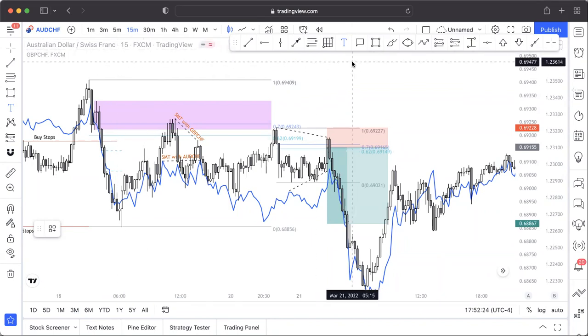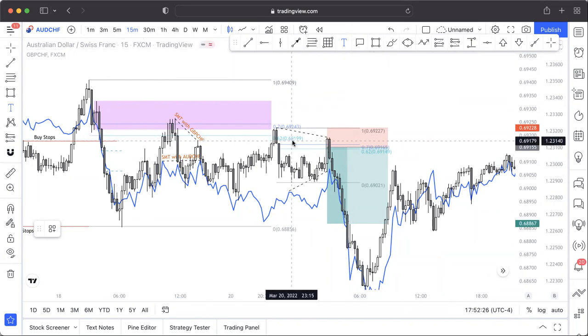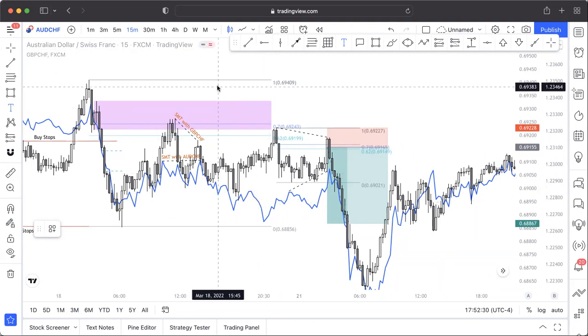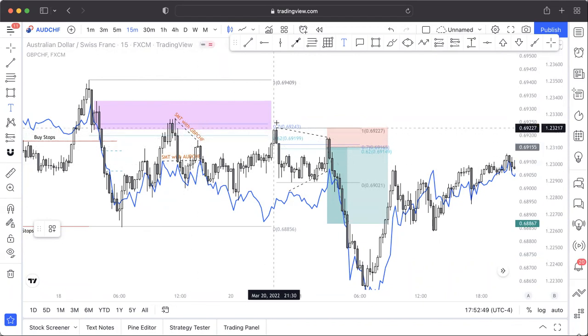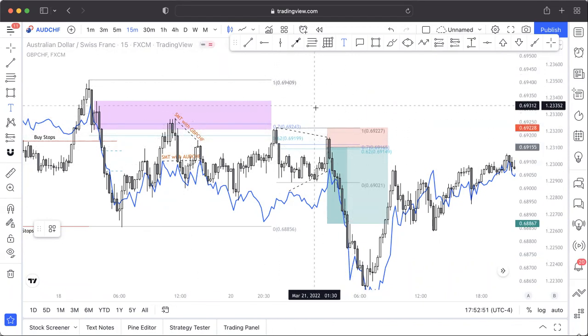So you want to find those pairs. SMT for Euro USD is DXY or any other US dollar correlated pair. If you are looking at Euro USD and GBP USD, then you look at it the same way as we just did on these two pairs. But if it's Euro USD and DXY, then obviously you have to do the opposite.